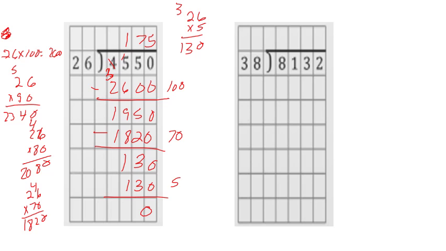Our next group, 38. Well, we know right off the bat we can take 100 out of it because that'd be 3,800. And be 2, 3, 3, and 4. Well, we can see we can take another 3,800 out of it.